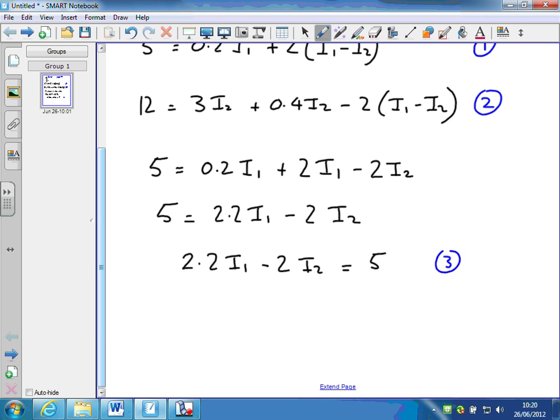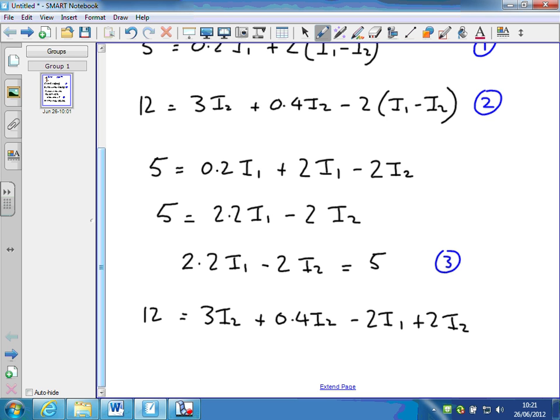See if you can do a similar thing and arrive at equation number 4. I'll have a go at it now. So from equation 2, we've got that 12 equals 3I2 plus 0.4 I2 minus, multiplying out the brackets, 2 times minus 2 times I1 is minus 2I1, and minus 2 times minus I2 is plus 2I2.